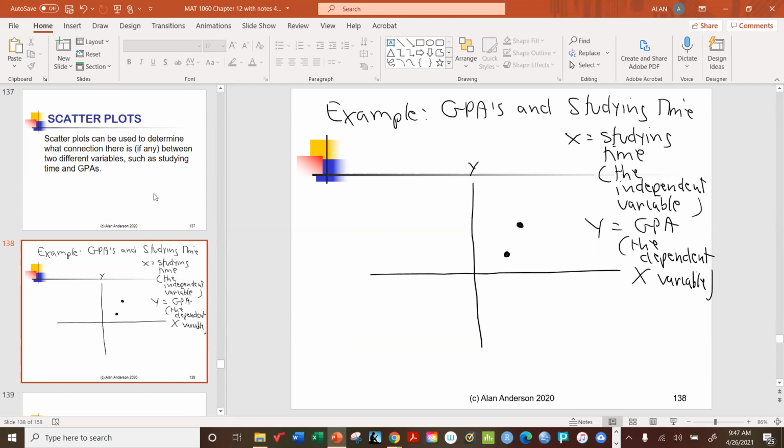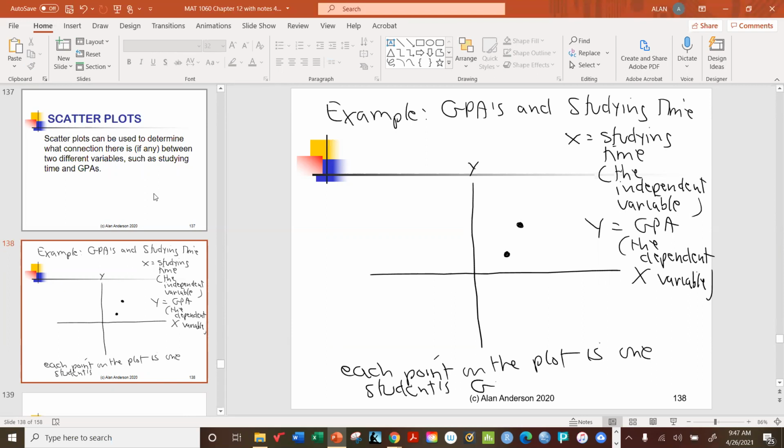So each point or dot on the plot is one student's GPA and studying time. And so we plot them and we see what we get.